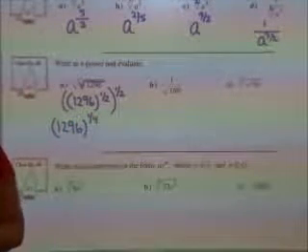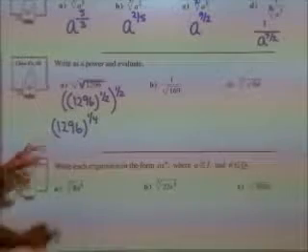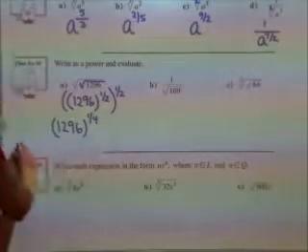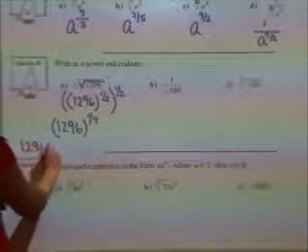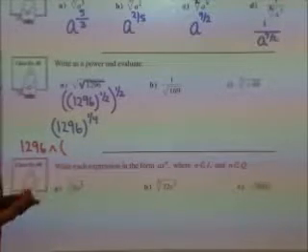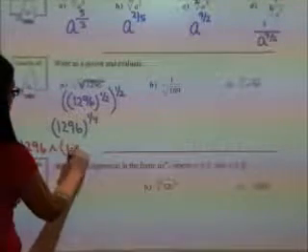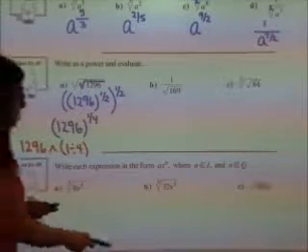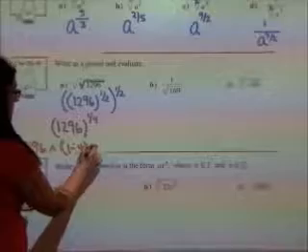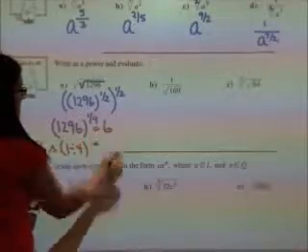If I put this into my calculator, it would be 1296 to the power of, and then I'm going to use brackets, 1 divided by 4, and then press enter. And when I do that, my answer becomes 6.